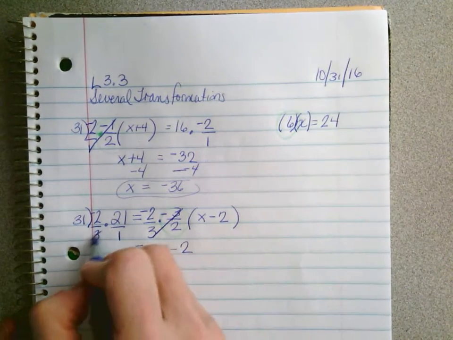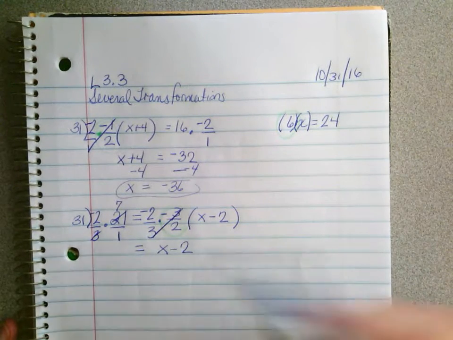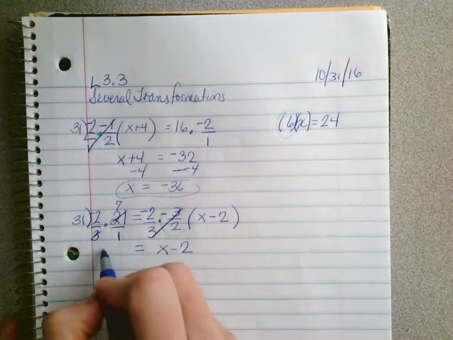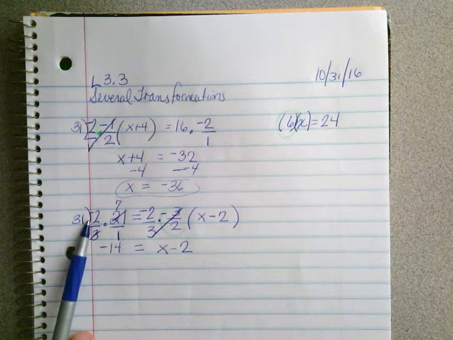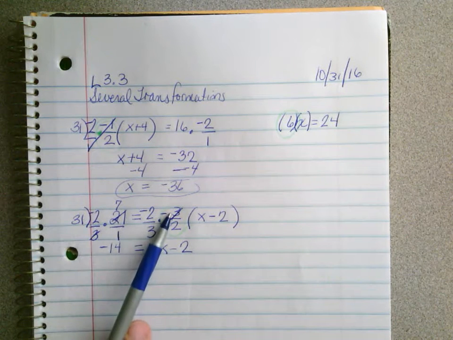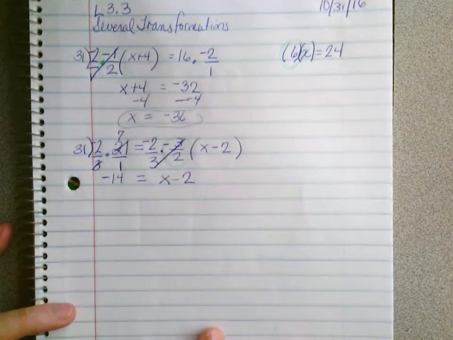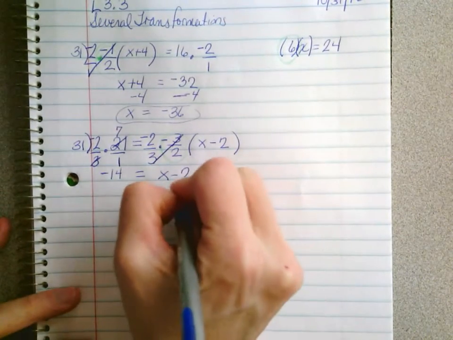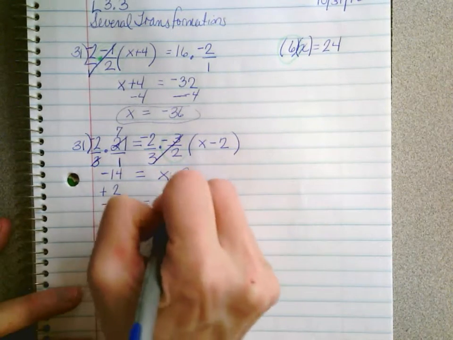Over here, the 3 and the 21 reduce each other, so now you have a 7 here, and it becomes a negative 14, because negative 2/3 is the reciprocal of negative 3/2. Something's reciprocal is always the same sign as whatever the original thing was. That's number 31. Adding 2, you should end up with a negative 12 as your value for x.